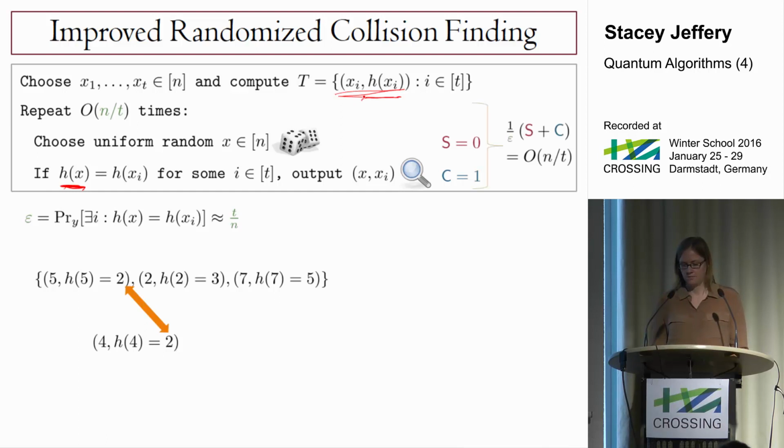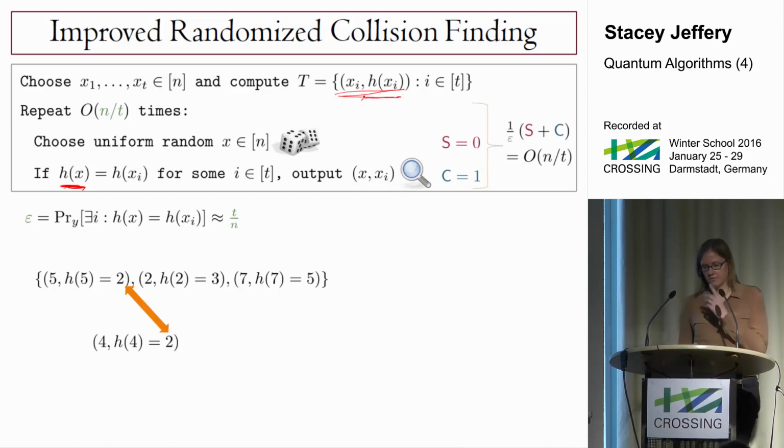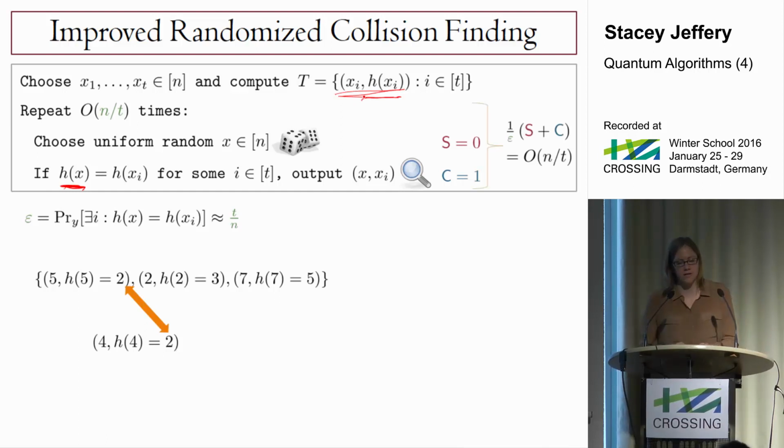And so the total query complexity of searching for an x is going to be big O n over t. And of course, the query complexity of the first step is exactly t, because we are just computing h on t different values x sub i.